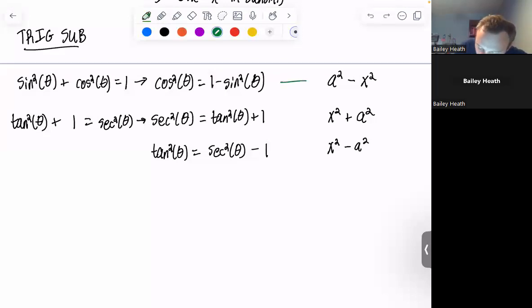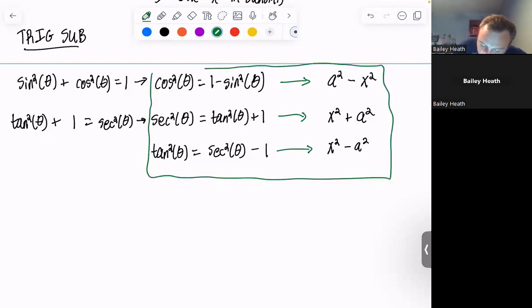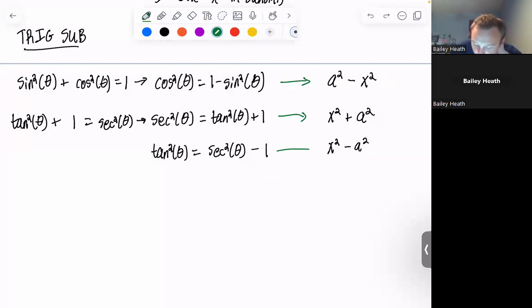Let me not use a Clemson color. Between these two equations, right? Maybe actually, let me just draw the arrow one way. Right, so if I look at the trig identity on the left-hand side in this box, if I look at this column, if I look at these identities, they look very similar. Actually, let me just focus on this part even.